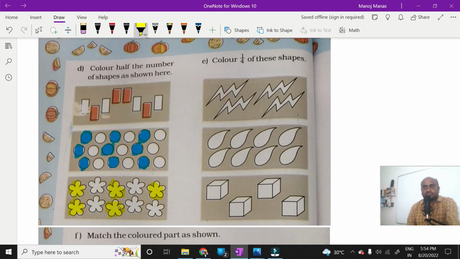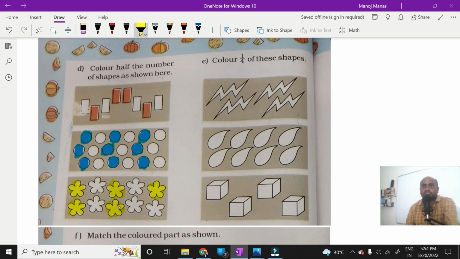Because in this case, it is exactly 3 pairs and 3 pairs matching, whereas here we don't have matching pairs. So we have one pair of flowers, we have colored it, the second pair also colored, the third one does not have a pair. So what we have to do is pair it with the single flower only. Okay, so draw it and then leave it.